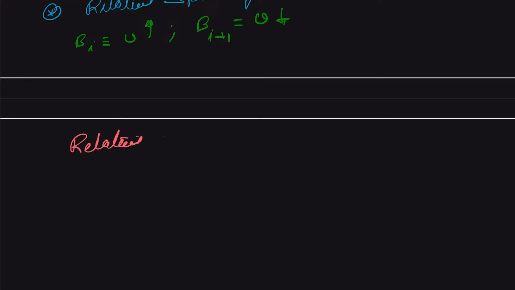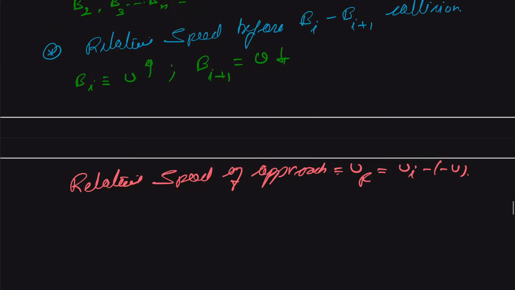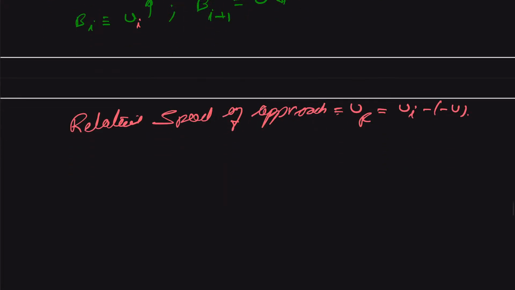So the relative speed of approach, which we can call VR, will be equal to Vi minus of minus V. Let us call this Vi; we need to differentiate, later on we can modify it. So we get the relative speed equal to Vi plus V.